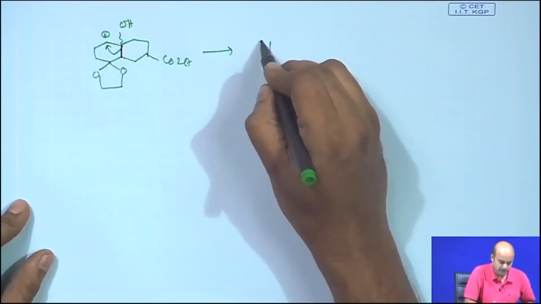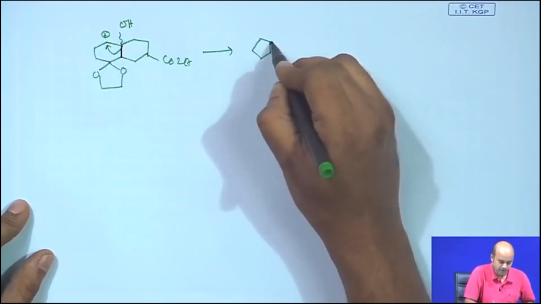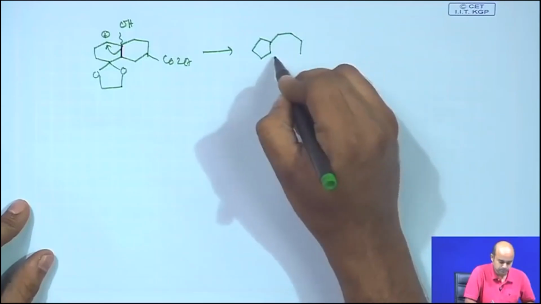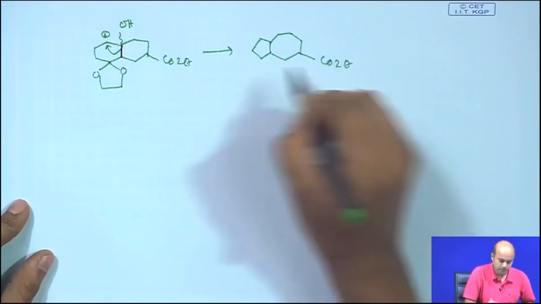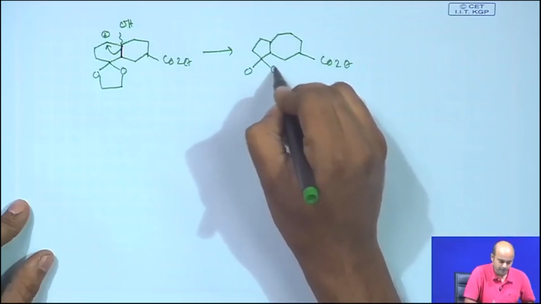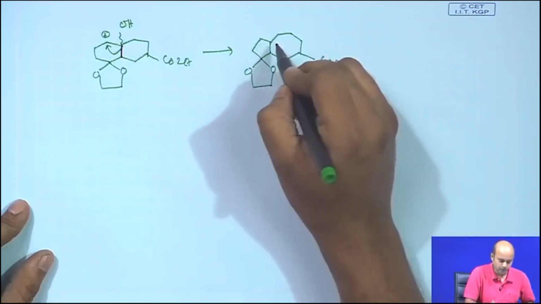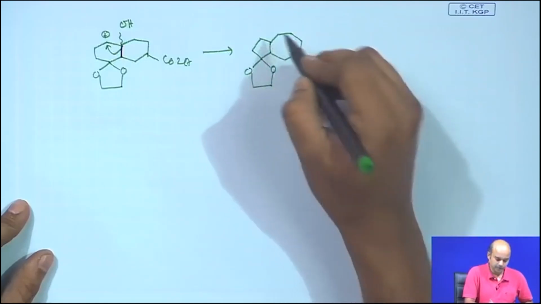It is basically the contracted ring, and the right hand side ring is now the expanded one. The carbon framework remains similar.